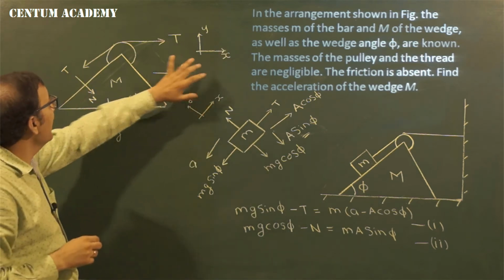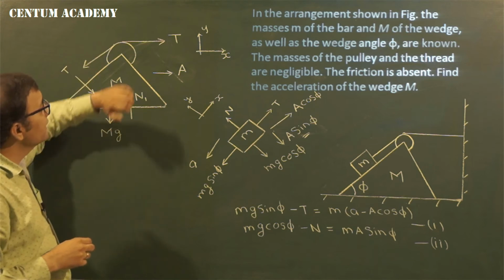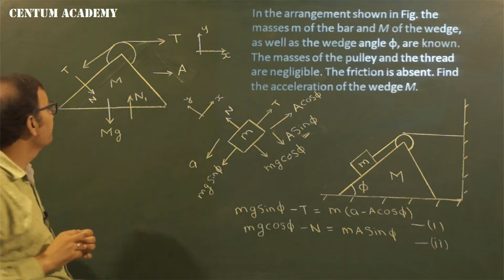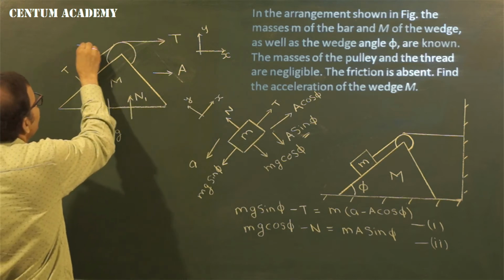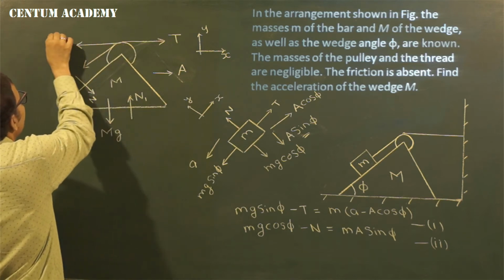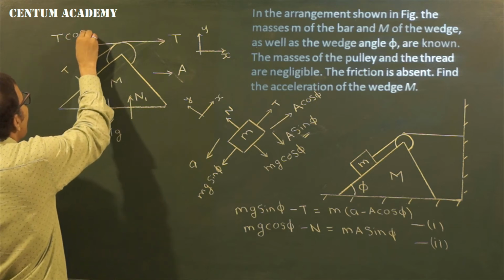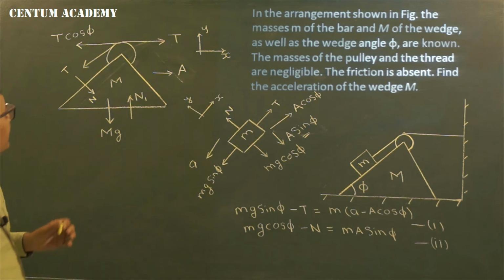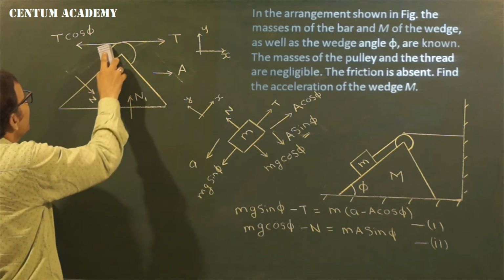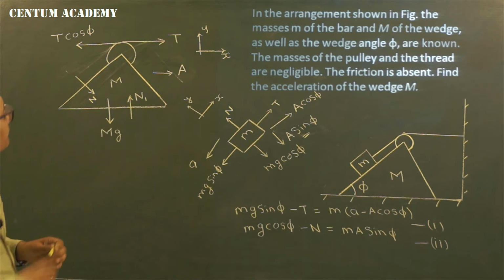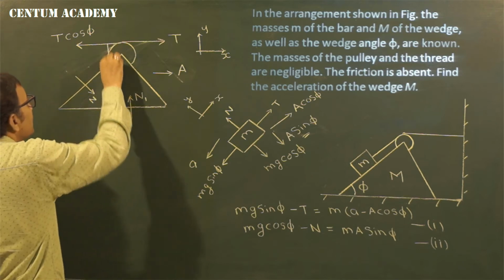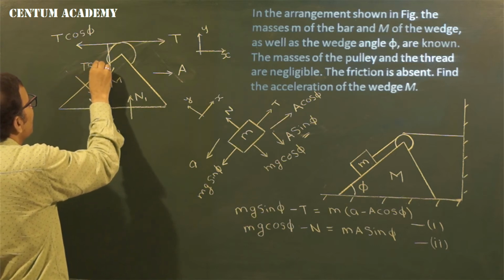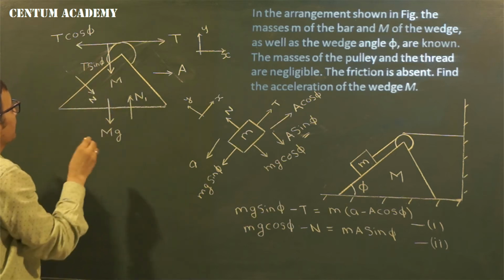In order to do that, I need to take components of the forces and accelerations which are not aligned in x and y axis. All right. So if I take the component of tension, this will be T cos phi for this tension, and its component downwards will be T sin phi. So it will have a component here, T sin phi, right?